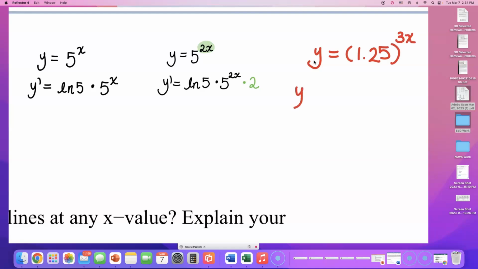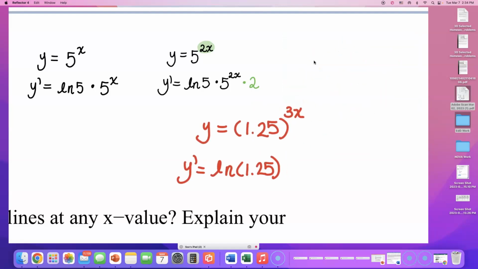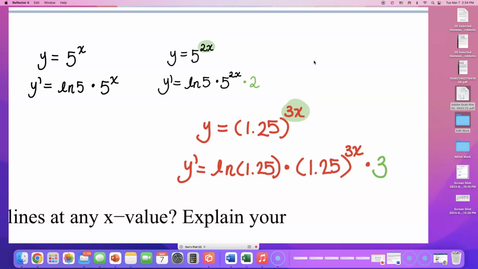Well, the derivative is going to be, you start with natural log of the base, 1.25, and you multiply this by, I'm out of room, let me bring it down. You multiply this by the original term, 1.25 raised to the 3x power. But don't forget to multiply this by the derivative of that exponent. So you will multiply this by 3, okay?